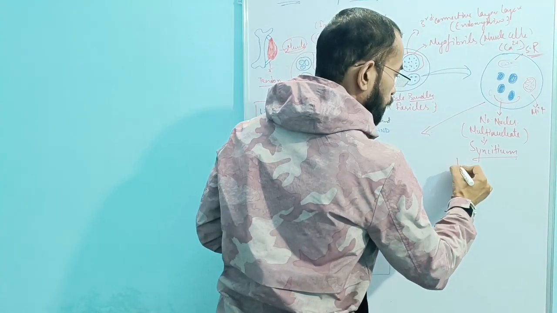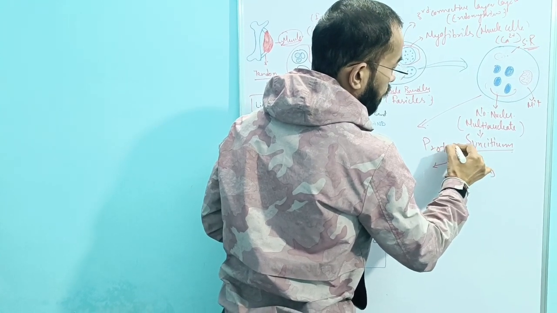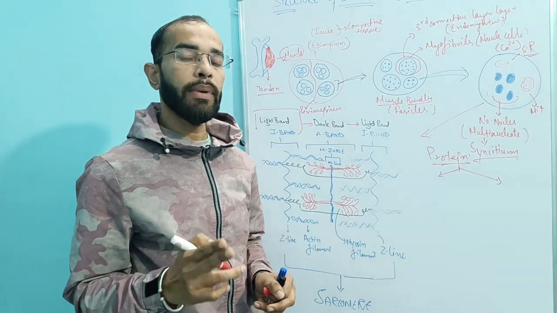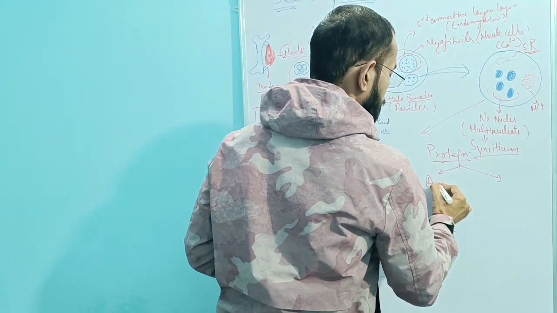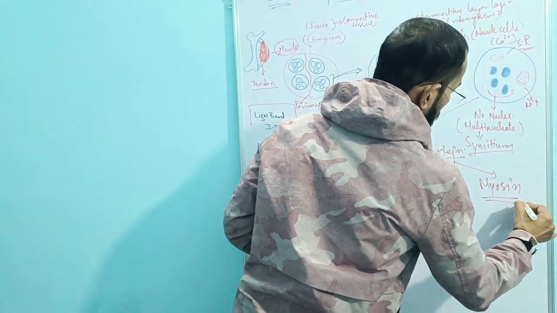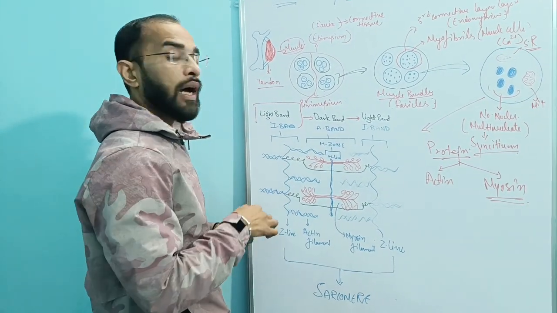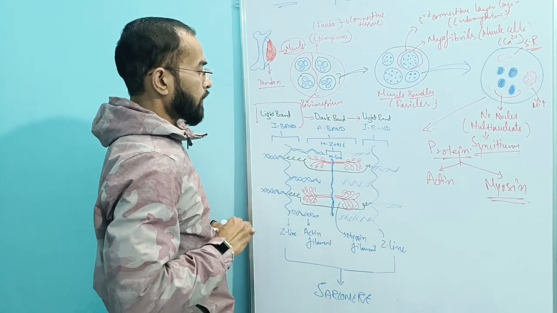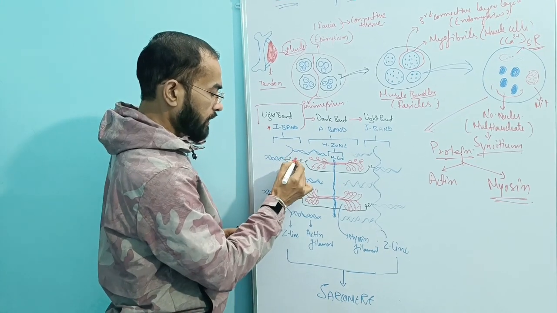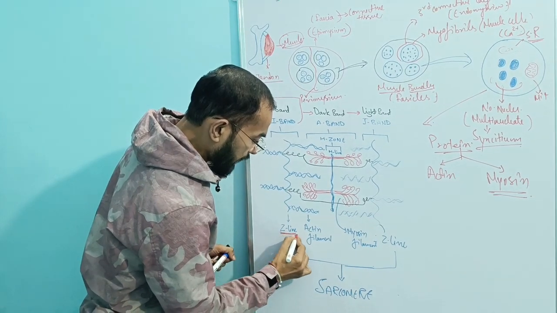That is, if we look into the proteins of muscle fiber, we can categorize the muscle fiber proteins mainly into two categories, that is actin and myosin. First we'll discuss the I band, that is the light band. I band is that band which is formed by the actin filaments which are connected through a line known as Z line.